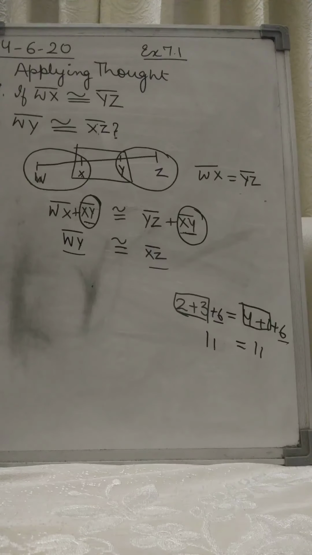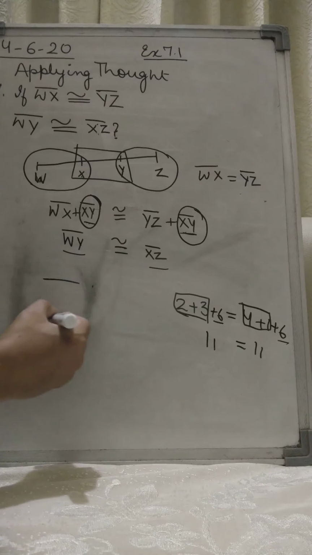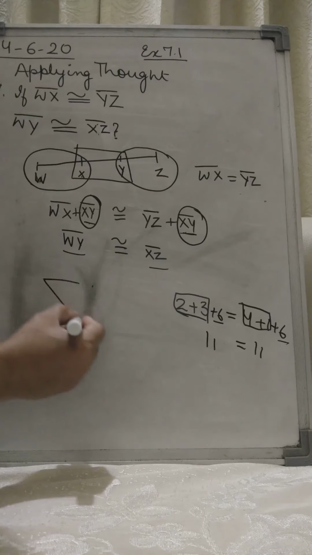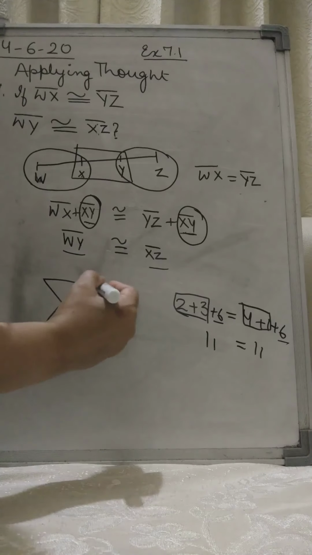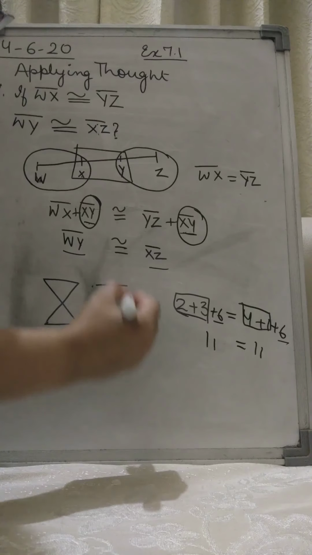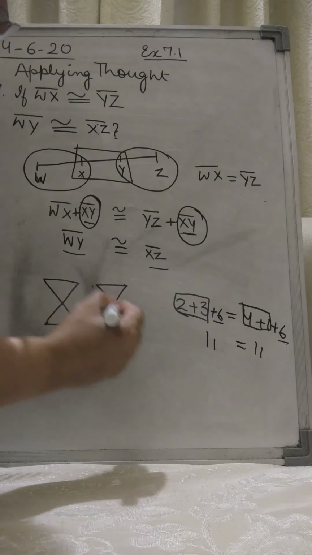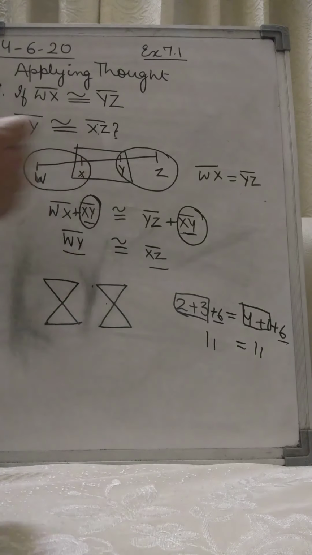Now in question number 2, if you see the figures, A part, the figure is like this. You can superimpose these two figures, so means these are congruent. But if you see carefully the B part, the first star is smaller and the second one is bigger.